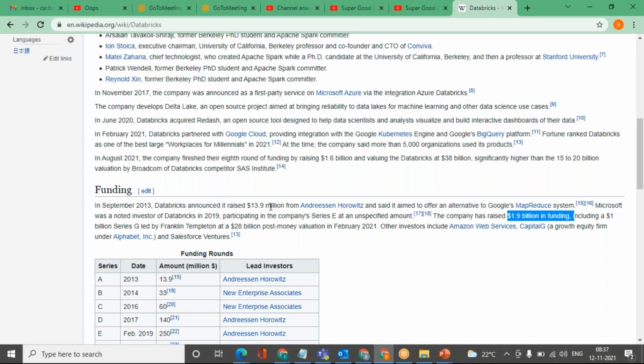Every year they were doubling the investment. 1.9 billion funding, see, within 6 years. Here 13.9 million, but here $1.9 billion. Then 2021, February, that means recent. How much? $28 billion. Imagine the growth of the company.